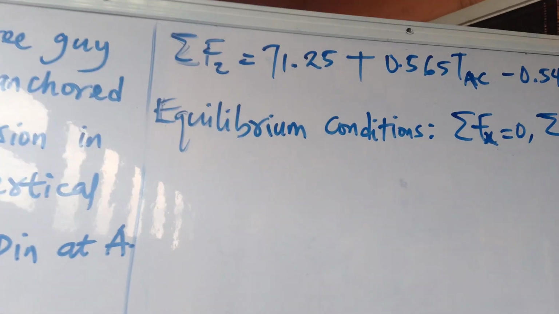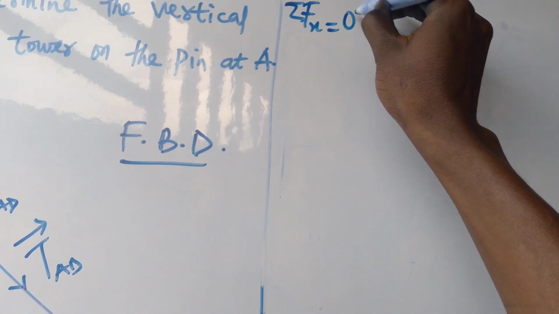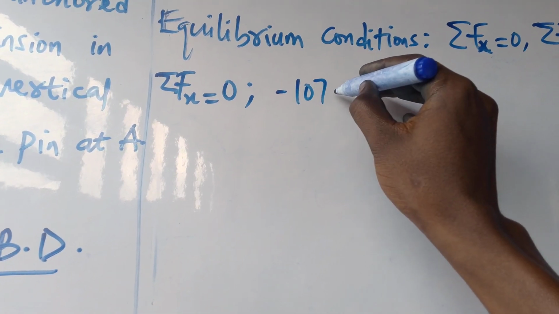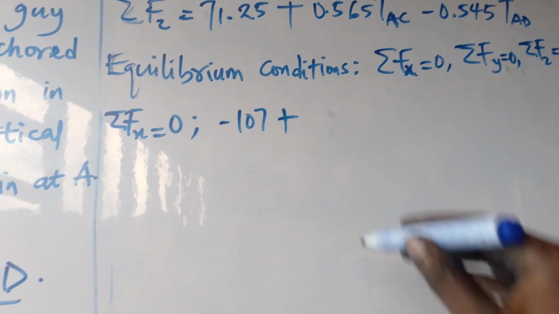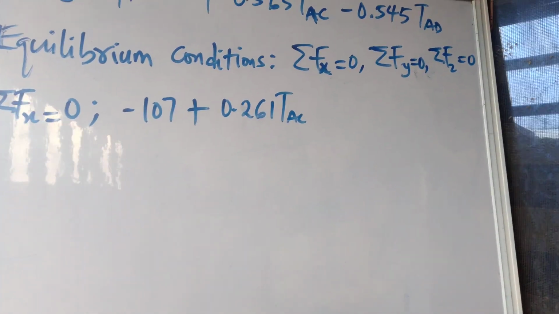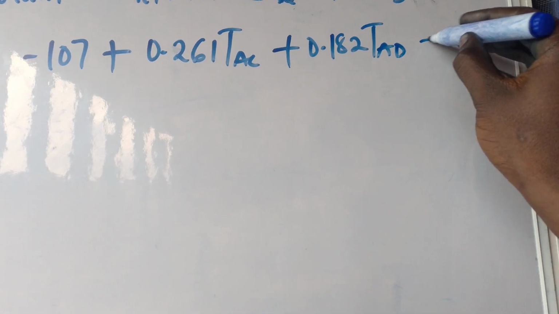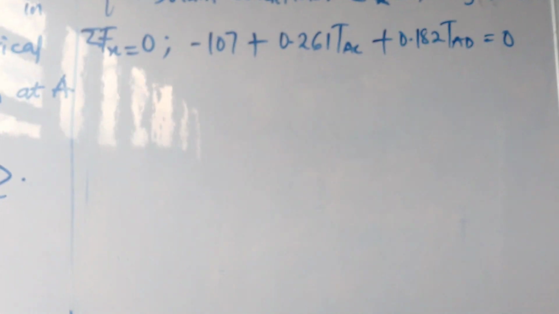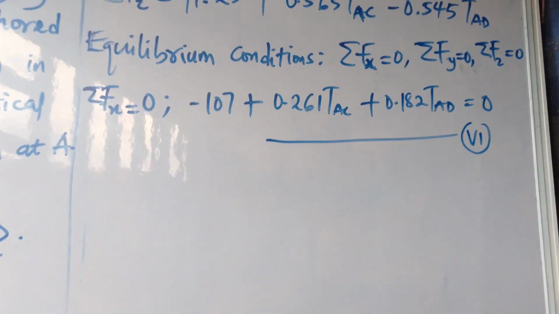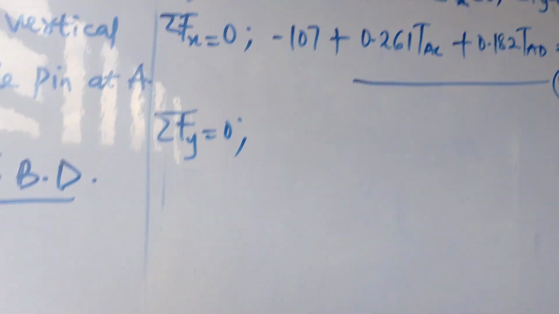I can then go back to that of sigma Fx. If sigma Fx is 0, I'll be having minus 107 plus 0.261 TAC plus 0.182 TAD is equal to 0, of which I can call this one equation 6. Then sigma Fy will be equal to 0.